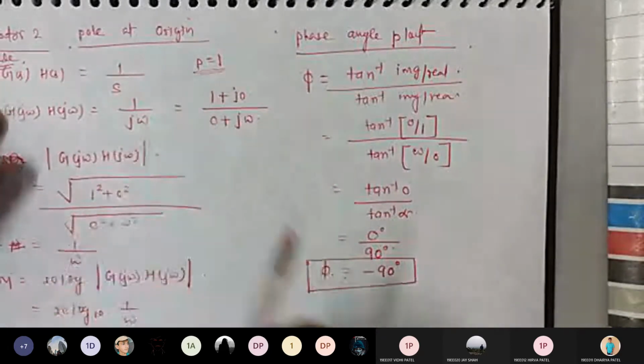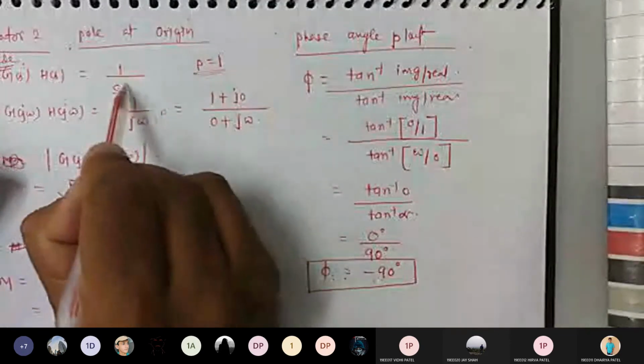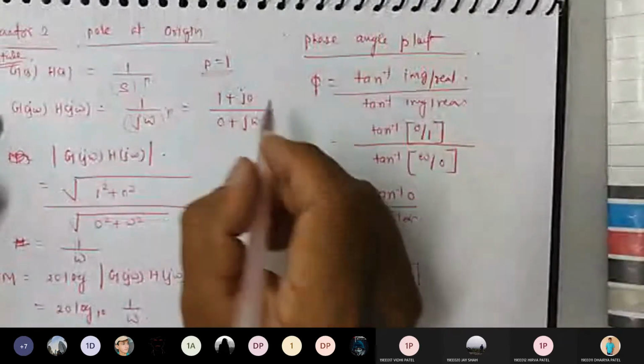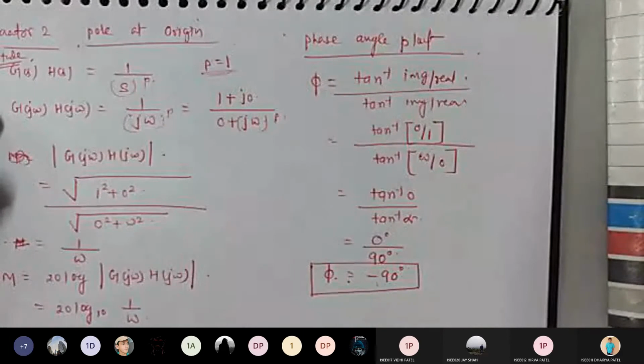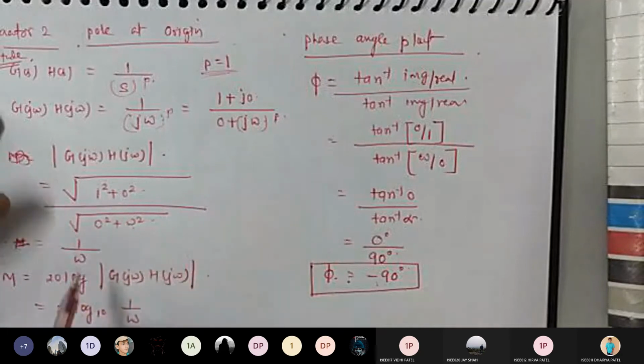Here it will be j omega raised to p. Done. What will happen here? Omega raised to 2p, omega raised to p, omega raised to minus p.